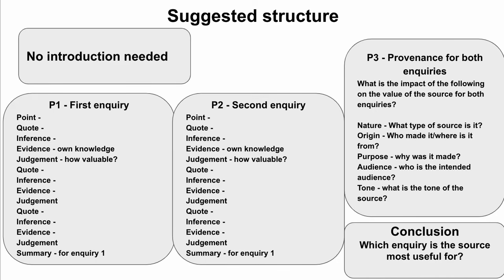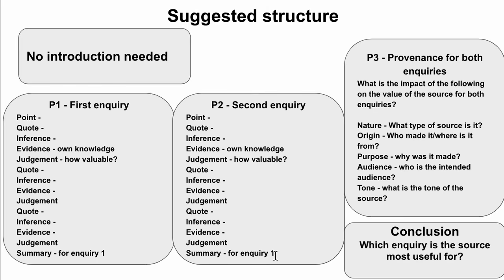You're using a range of own knowledge there. However, if you can only find 2 relevant quotes and 2 relevant inferences for one inquiry, it's not the end of the world. So you could potentially have 3 for the first inquiry and 2 for the second, or 2 for the first and 3 for the second. It'll be okay if you can only find 2.